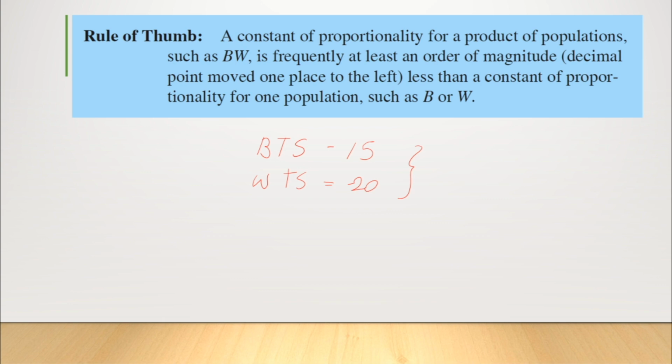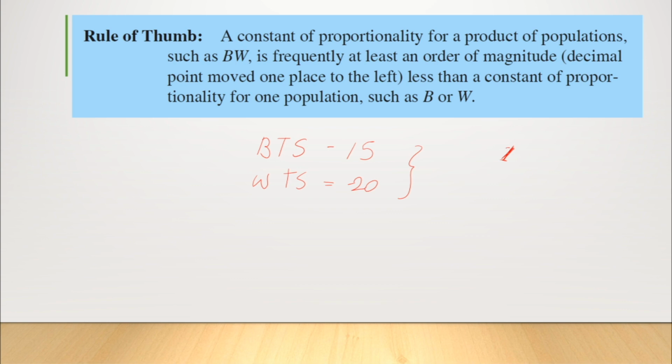So whenever you calculate that, if you have the proportionality constant of death as 1, what that means is the total population here is 15 and the total population there is 20.